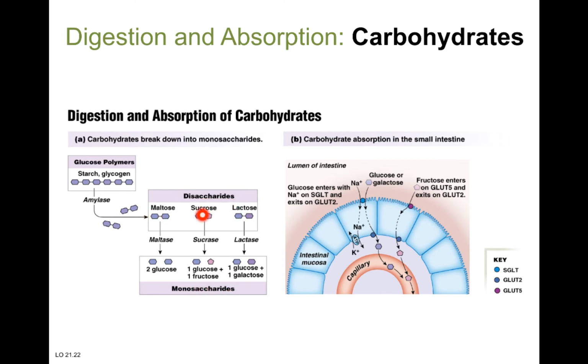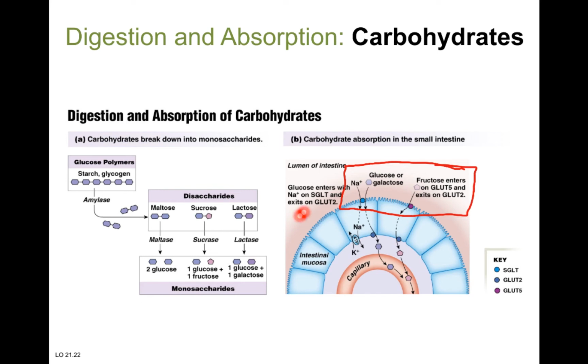I don't expect you to know the structure or the details here, but what I want you to focus on is, when we get the carbohydrates down to the size of a disaccharide or a monosaccharide, how they're being absorbed across the enterocytes.